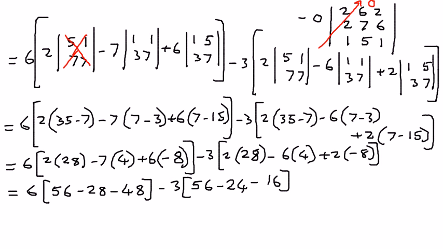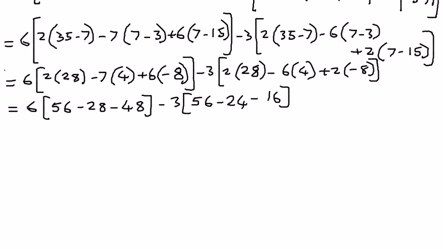We can simplify this some more, and then when we do that, this is what we're going to come up with. This is going to be 6 times 56 minus 28 minus 48 is going to leave us with minus 20, minus 3 times 56 minus 24 minus 16 is going to leave us with 16.